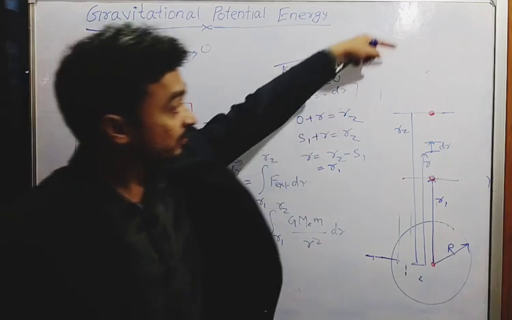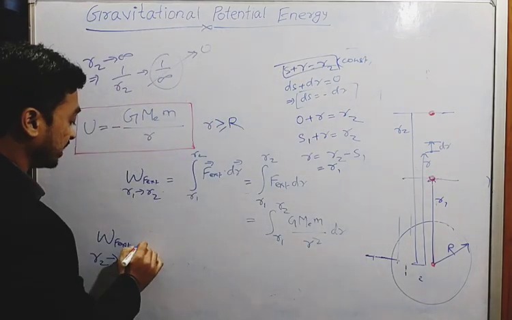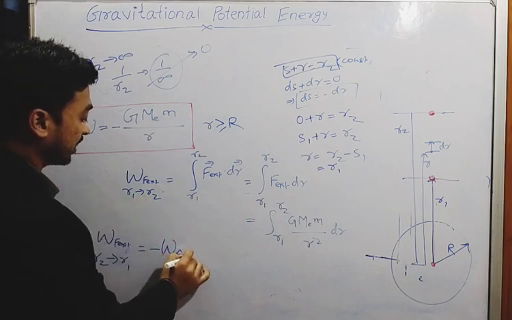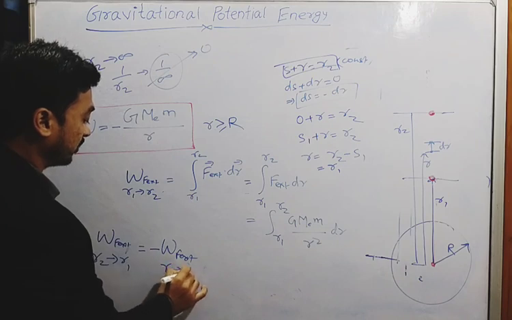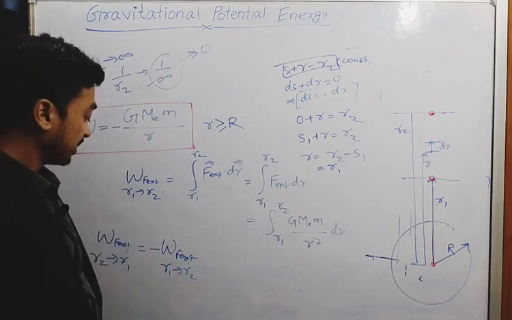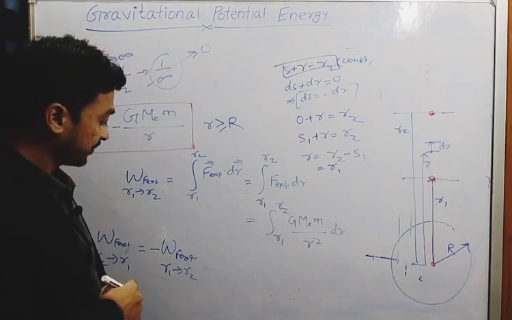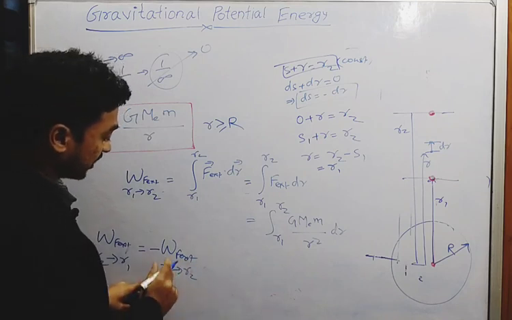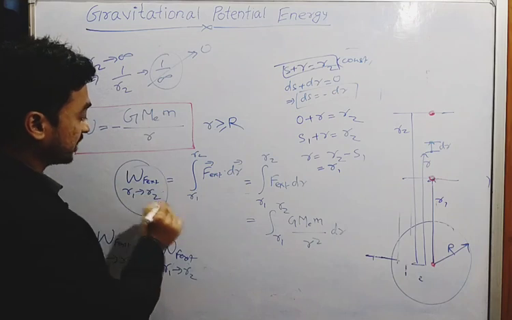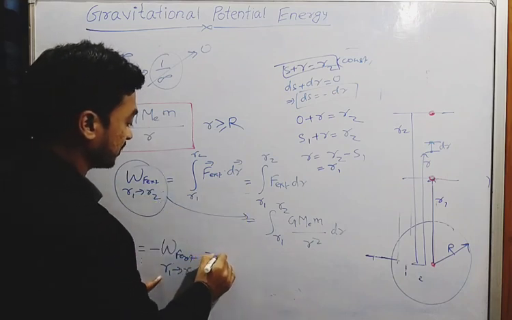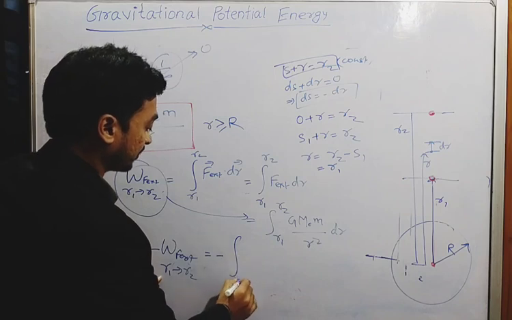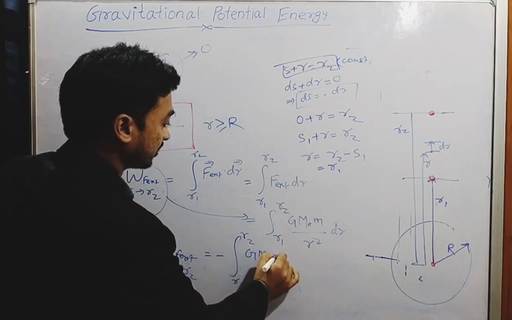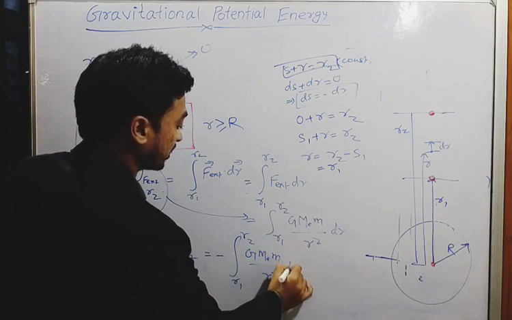As per definition, we are moving from R2 to R1. This is a negative of work done by external force from R1 to R2. This is valid for a conservative field, and according to the definition, without changing kinetic energy. Now see, work done by external force from R1 to R2, what is this? This one. So this is integral R1 to R2 of G mass of earth, mass by R square dr.